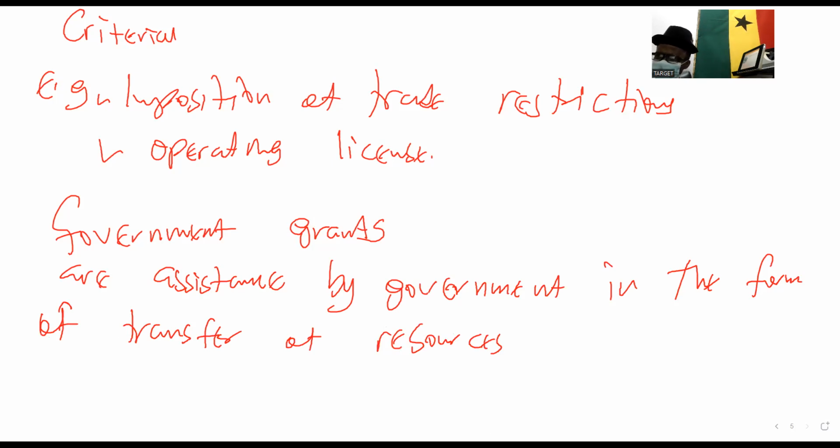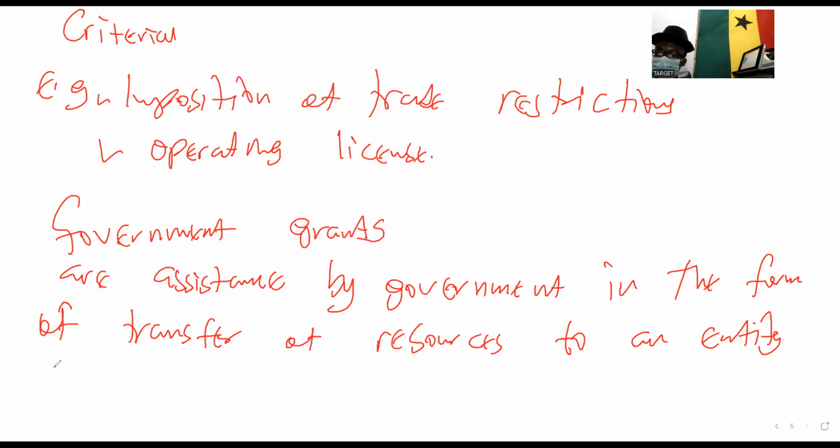With a government grant, government must transfer something, a resource, to an entity in return for past or future compliance.